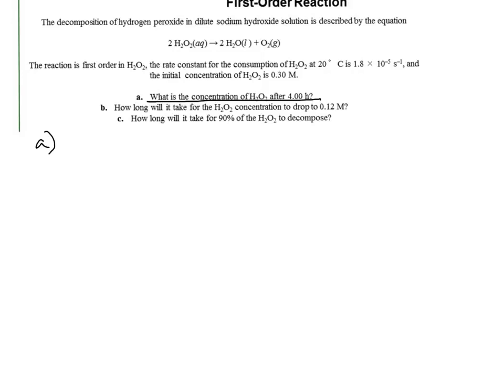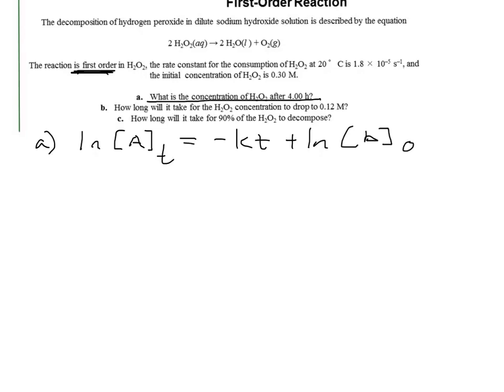First thing I like to do when I'm working these rate laws is identify and label. First, I realize I'm working with a first-order reaction because it tells me. That means that the rate law that I'm going to be using is that.